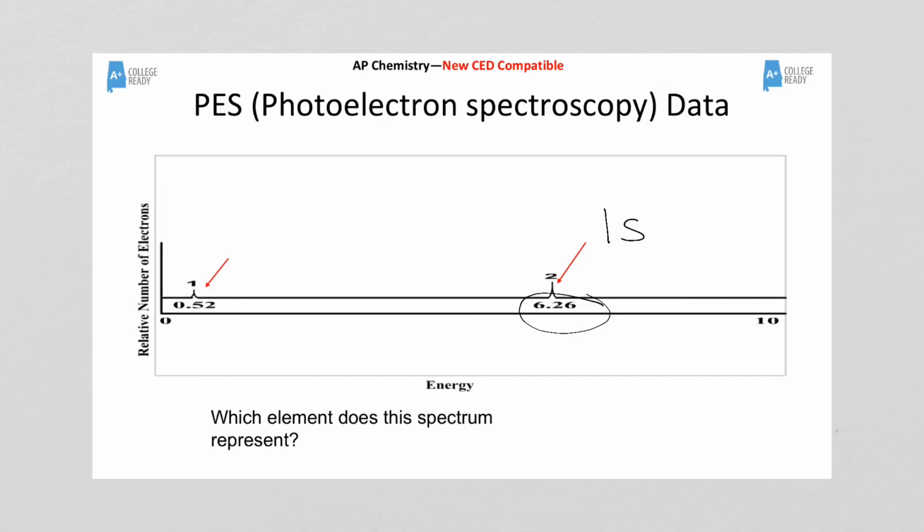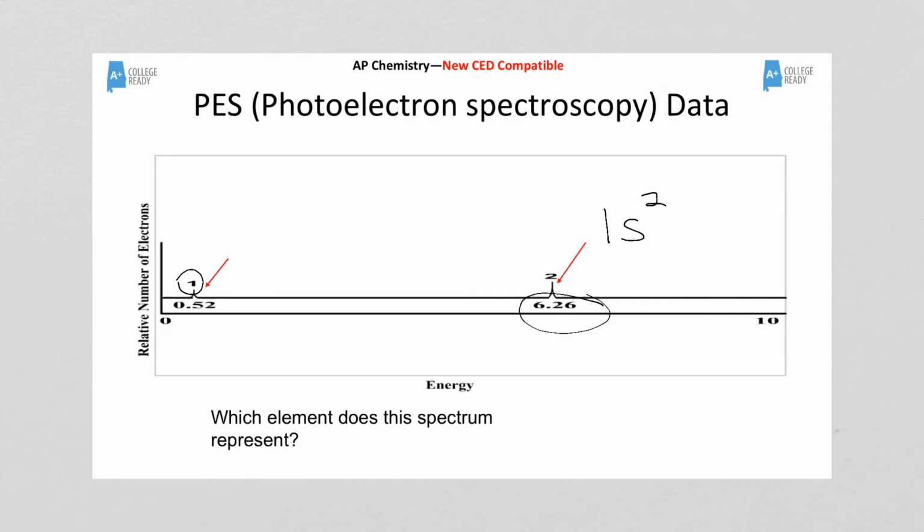So notice there's a 2. How did we know that without a 2 being here and a 1 being written there? Well, it's the height. Look at the y-axis, relative number of electrons. It's the height of the peak. If there's more than one peak, the first peak should be 2 electrons high. There should be 2 electrons in the 1s orbital if there's a second orbital.